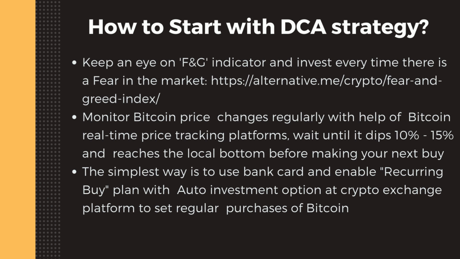I found this strategy is the best and simplest way because instead of spending a lot of time monitoring markets, you can just set everything in auto mode. Specify the time interval, specify the amount of money, and it will just do it automatically for you.